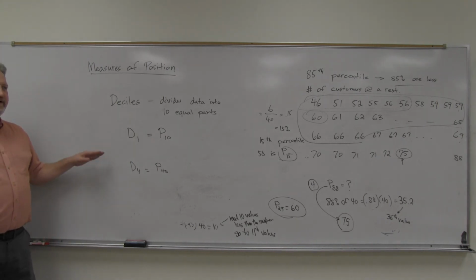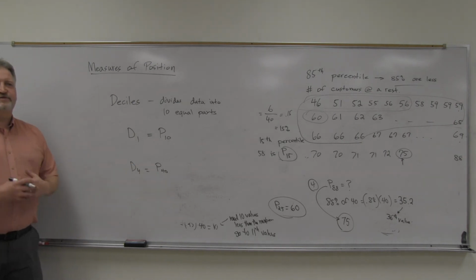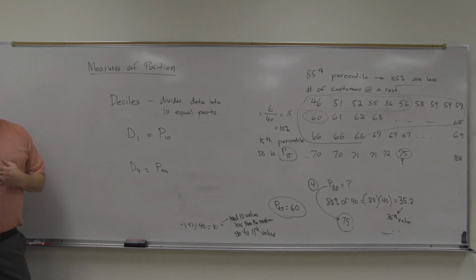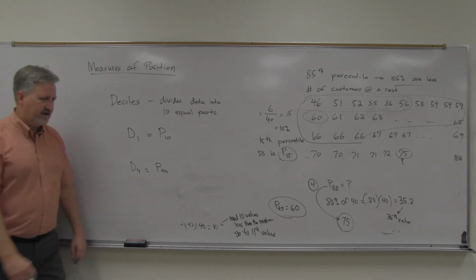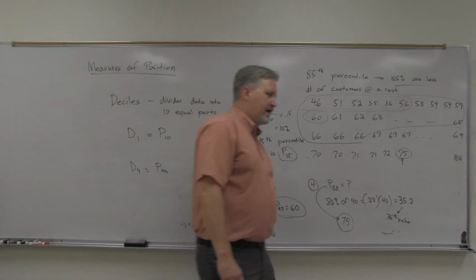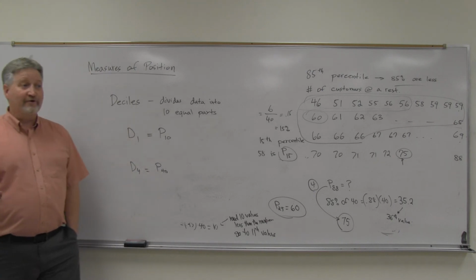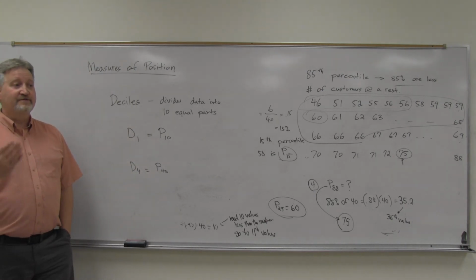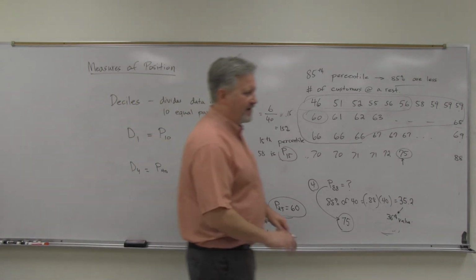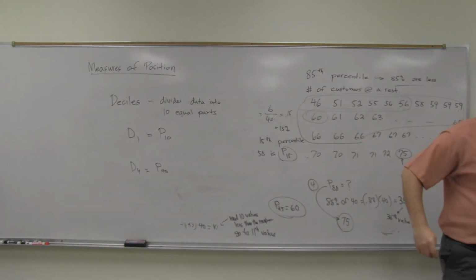So if you're calculating the fourth decile, just do 40% of the values. That would be your fourth decile. So anyway, just FYI, and then you may have heard of quartiles. Quartiles, quarter, divides it up into 4 groups, so it's 25% each. So anyway, just FYI, in case. Any questions or concerns?